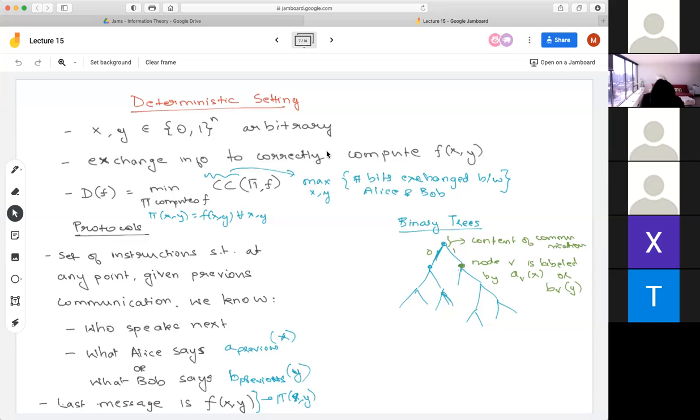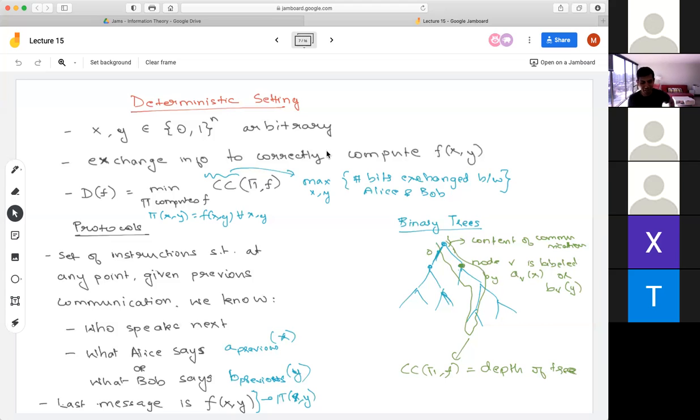And so a deterministic protocol can be thought of as this kind of tree, and the communication complexity is the maximum depth of a path in the tree. So these are equivalent ways of thinking about deterministic communication.